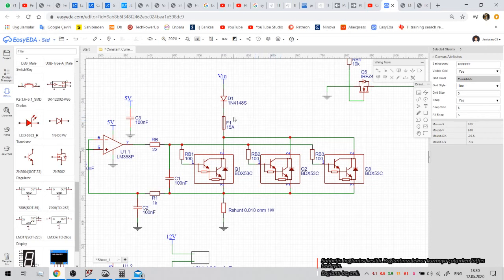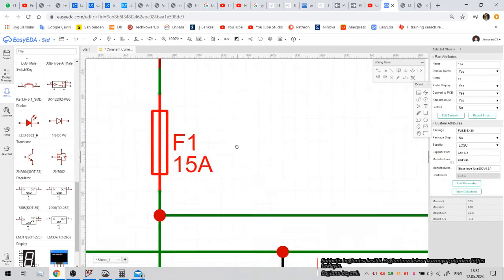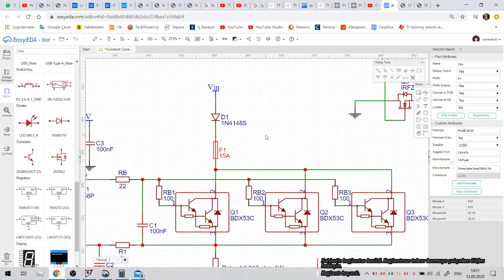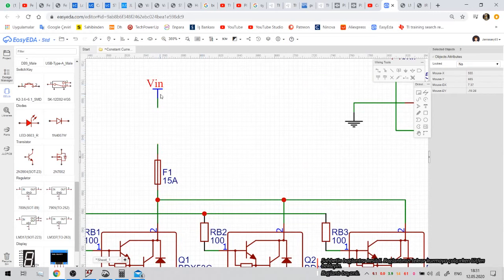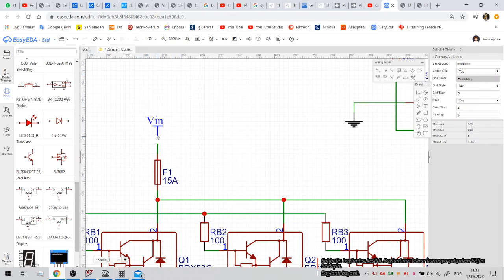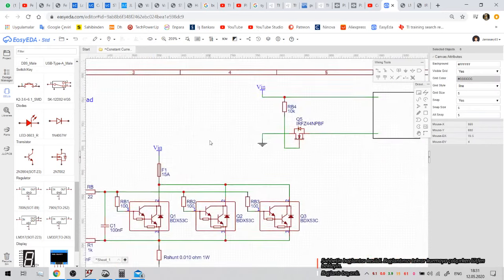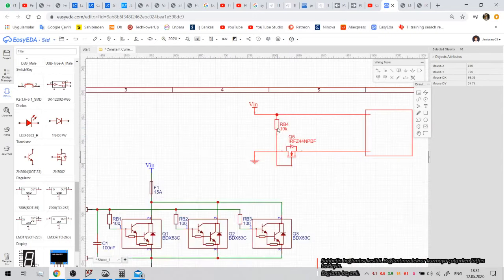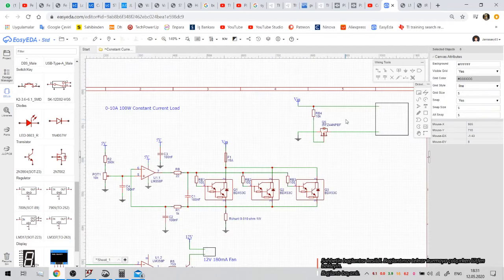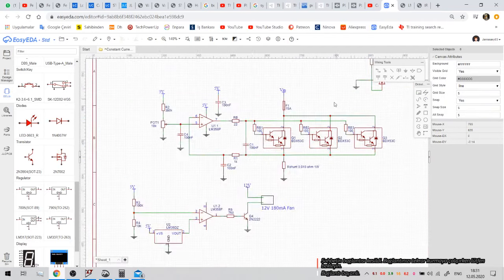But there is a fuse. I think the fuse will blow, and it can protect us. But we need to change the fuse for each reverse voltage. Maybe we can add something like this, but I don't know.